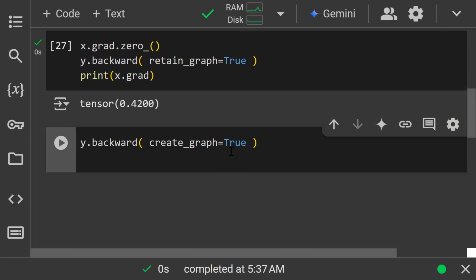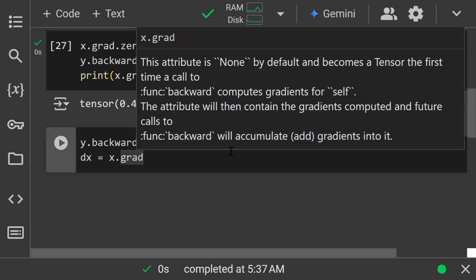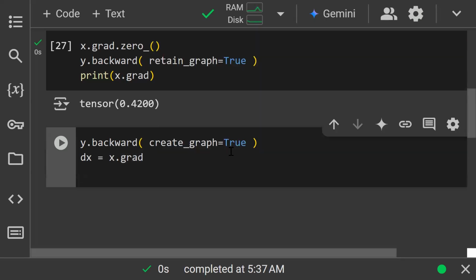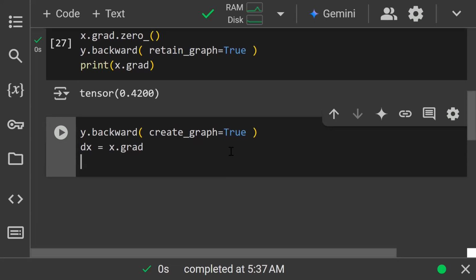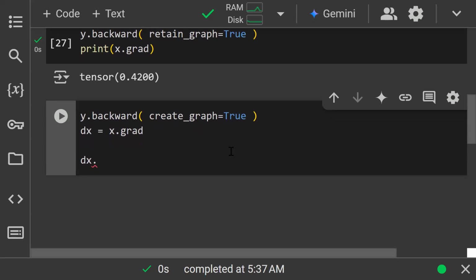Now, as a result of the first pass of the backpropagation, x.grad is going to be where the gradient value is available. And I'm going to call this dx. Now the dx, this is how you compute the second derivative.